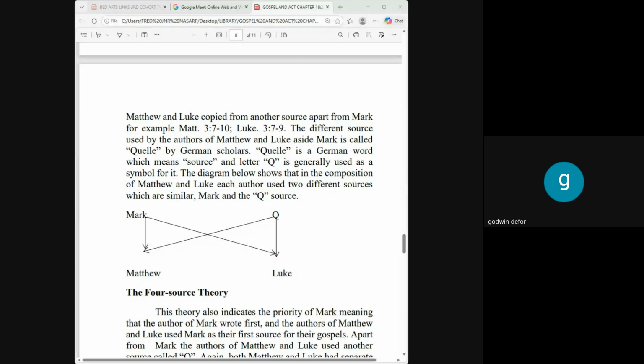That is the reason why you see some passages in both Matthew and Luke that you do not have in the Gospel of Mark: when the author of Mark was writing, he did not have the privilege of this Q source. They are trying to solve that problem.